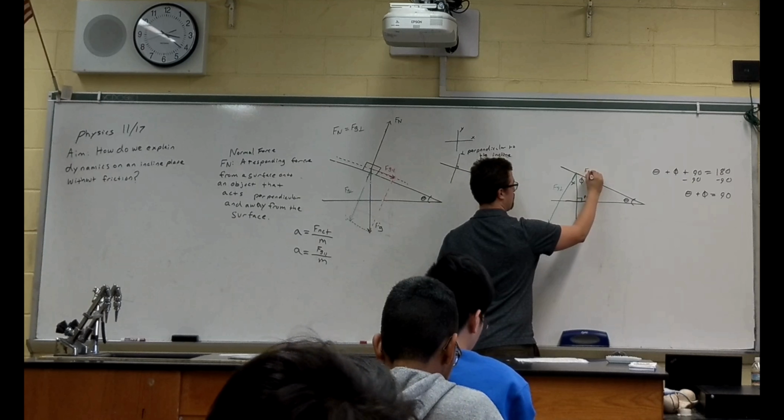So what's the angle between the perpendicular and the parallel? 90, because that's the definition of perpendicular, right? So we know from here to here, this angle is 90. So these two angles add up to 90. We can write x plus phi equals 90.